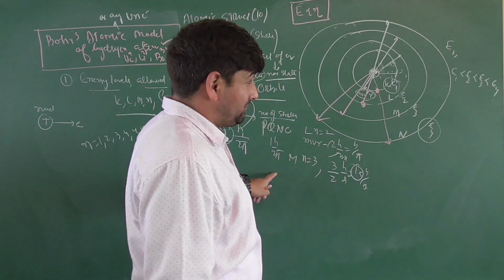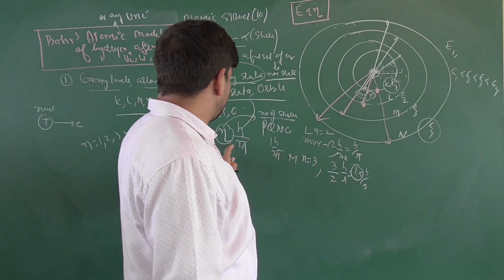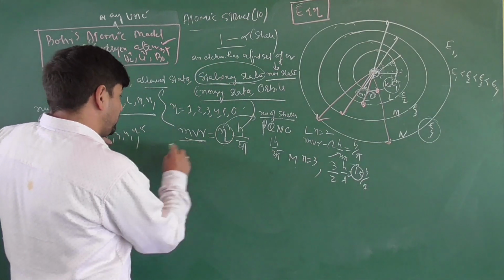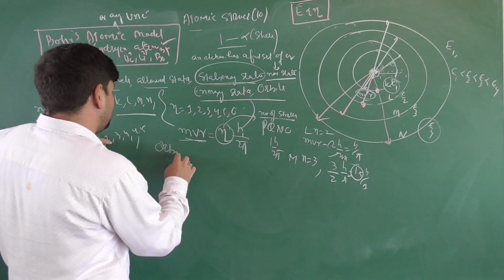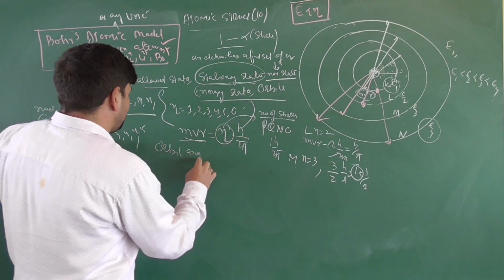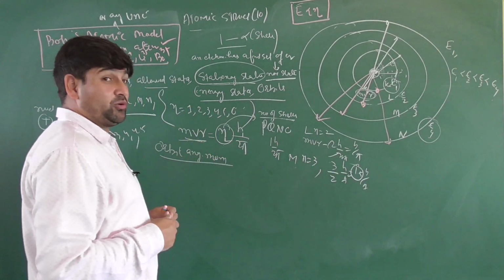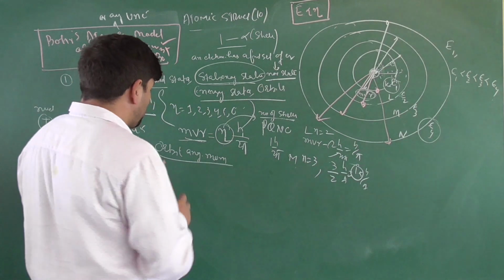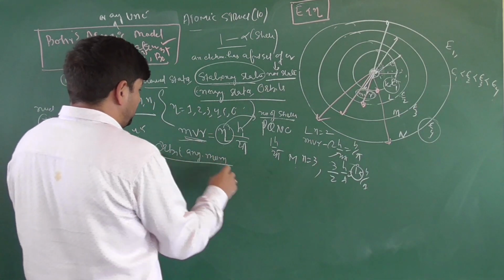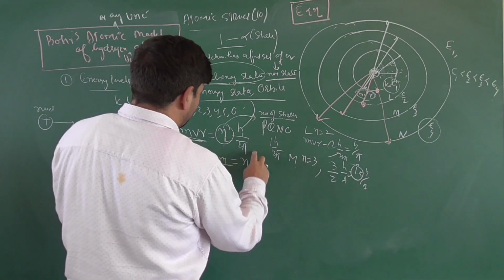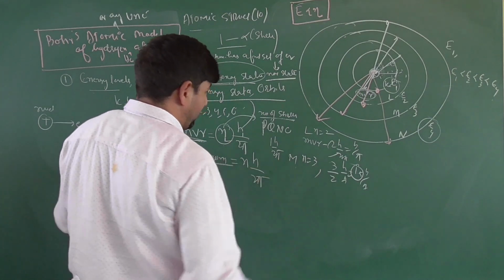And angular momentums also I told you. Last time I told you, in Bohr's model, this is called orbit angular momentum, which is nh by 2 pi.